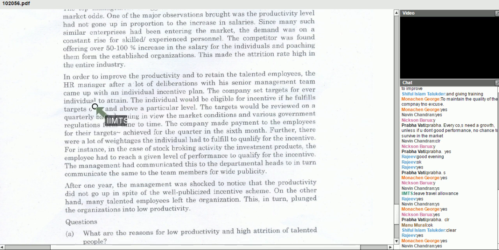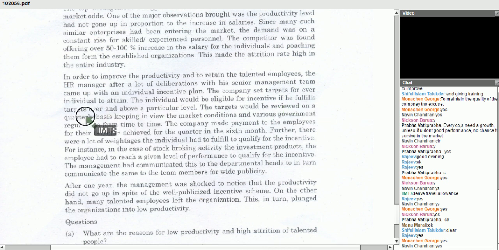The company sets targets for every individual to attain. This happens a lot in the marketing department. The target will be given and the employees are expected to finish that target in a month's time or quarterly or yearly. The individual would be eligible for incentives if he fulfills targets over and above a particular level.